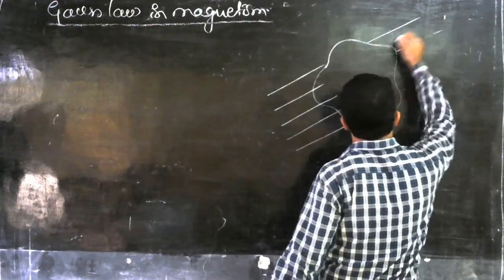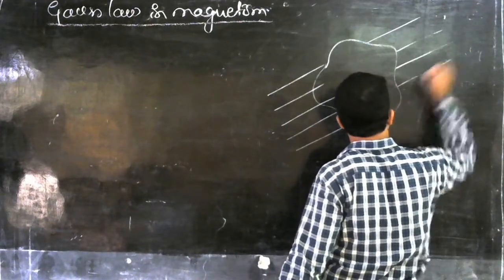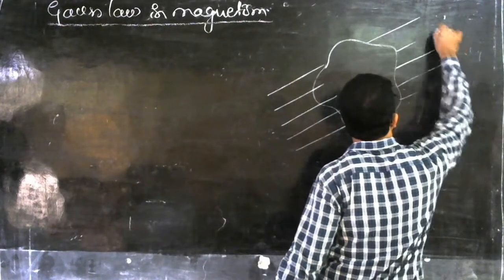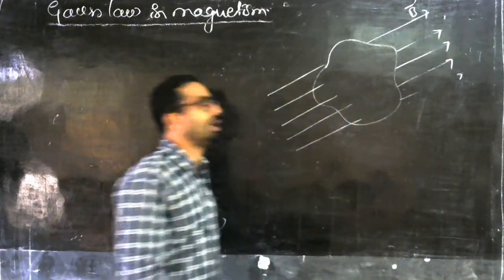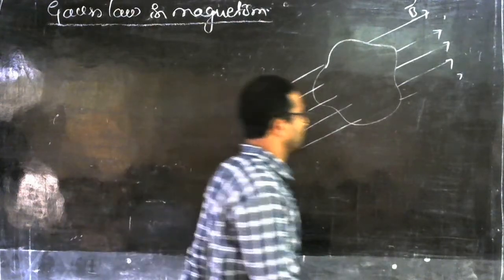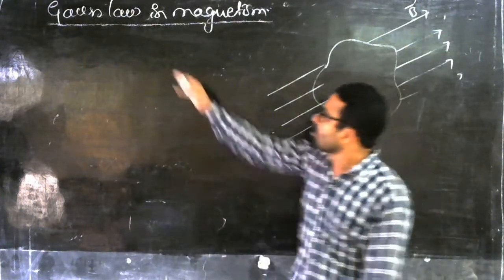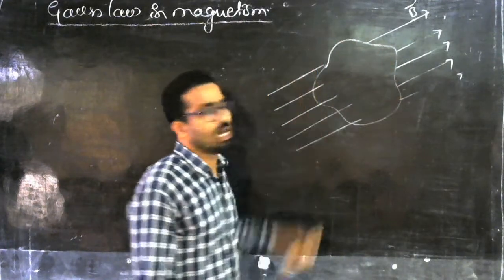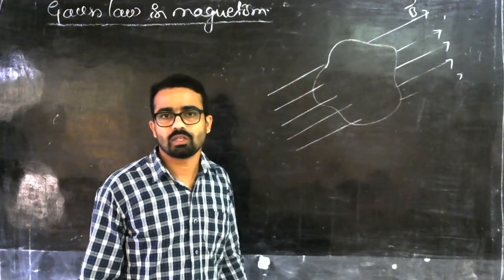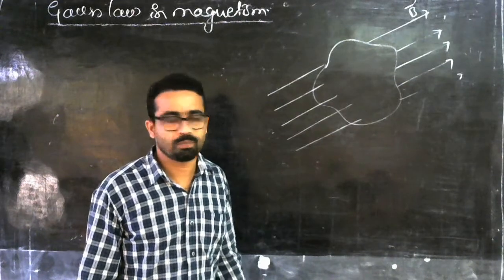This element has some area through which the magnetic field lines pass. This is the direction of the magnetic field lines passing through this area. Gauss is trying to find the magnetic flux through this surface. That is what he tried to calculate.